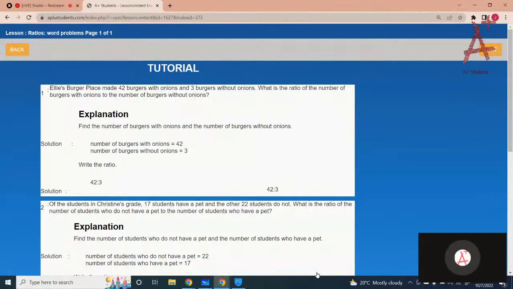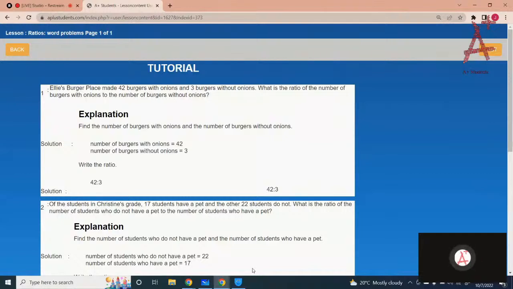Alice Burger Place made 42 burgers with onions and 3 burgers without onions. What is the ratio of burgers with onions to the number of burgers without onions? First we have to find the number of burgers with onions and then the number of burgers without onions. The number of burgers with onions is 42 and without onions is 3.